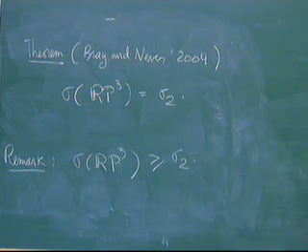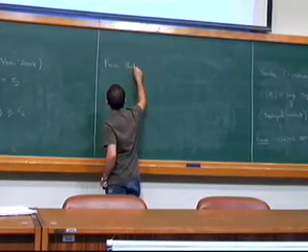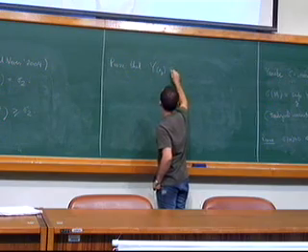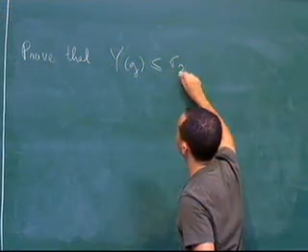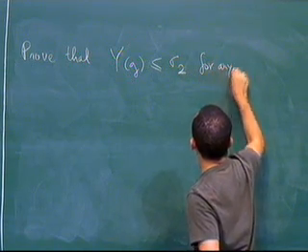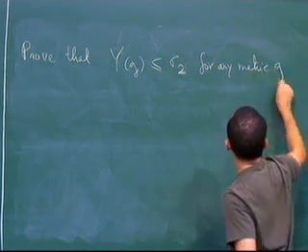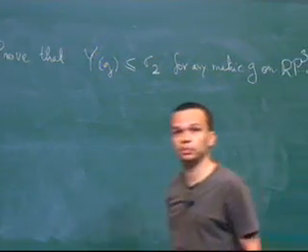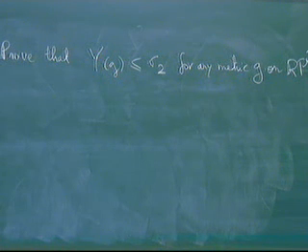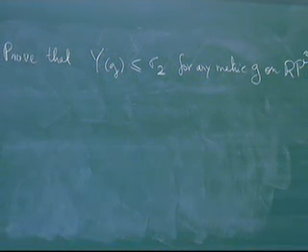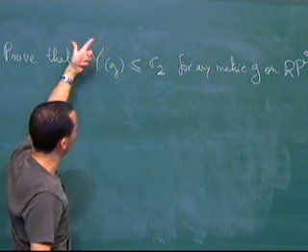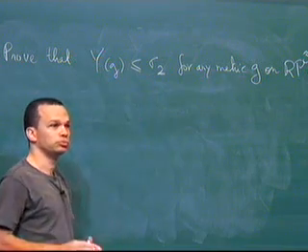So the strategy is to prove that the conformal Yamabe constant is always less than or equal to sigma 2 for any metric G on AP3. So you have to pick an arbitrary metric on the projective space and prove that the conformal Yamabe constant is at most sigma 2.